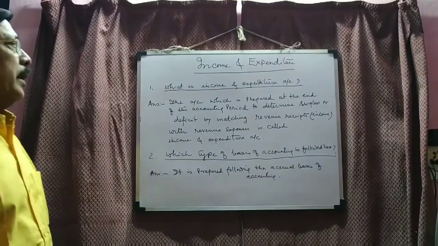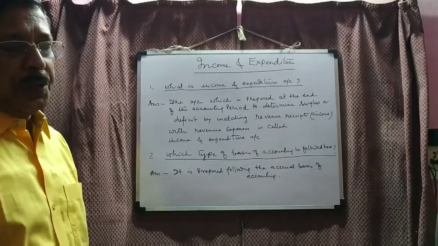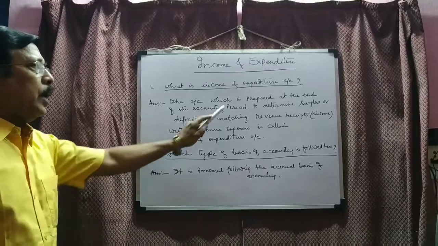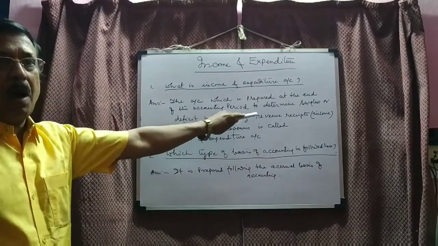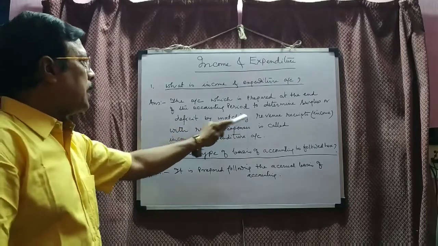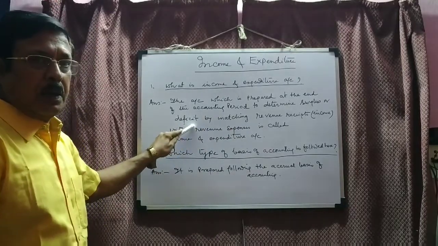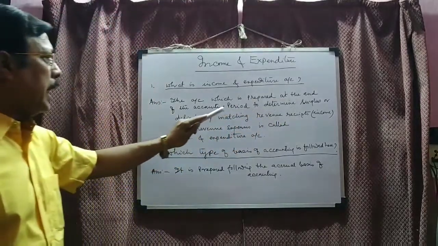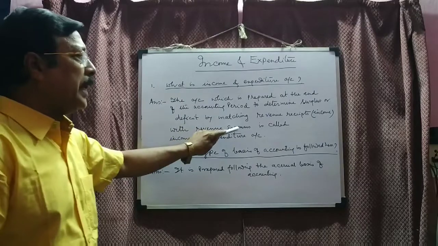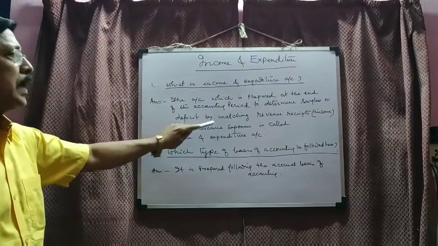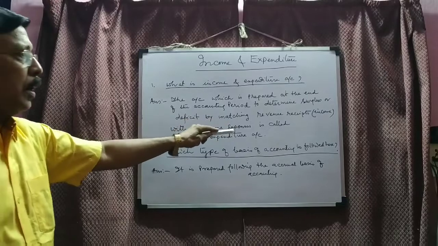Now, try to understand. The account which is prepared at the end of the accounting period to determine surplus or deficit. Why it is called surplus or deficit? That means when revenue receipts is more than revenue expenses, it is called surplus.